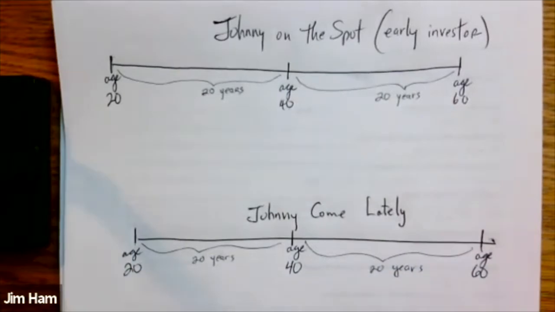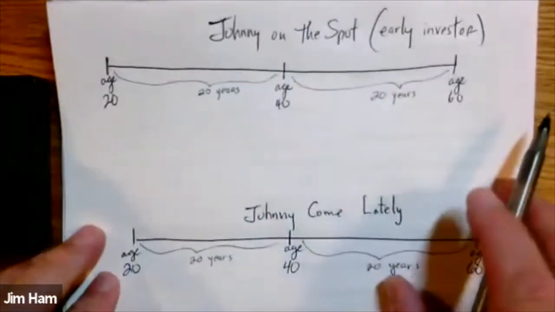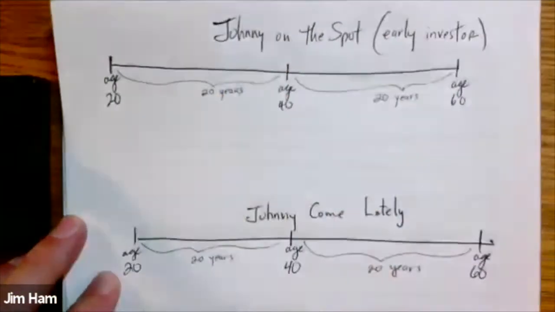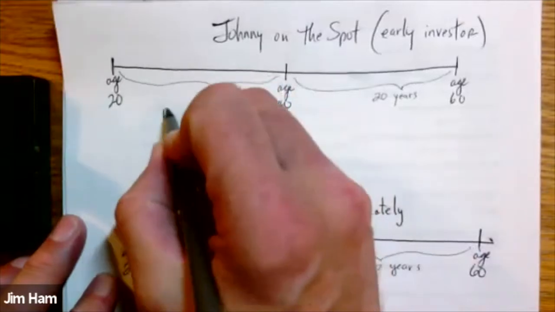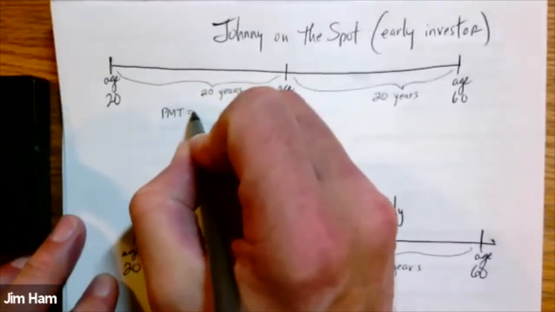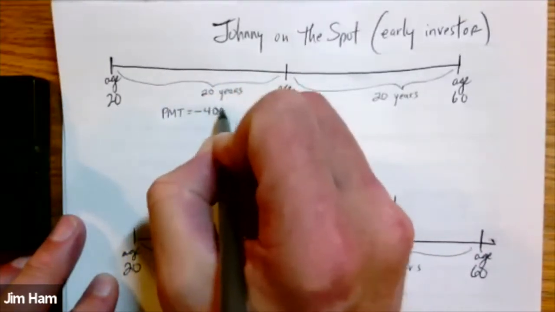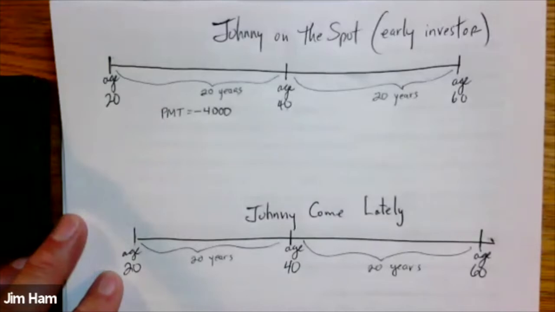I'm drawing this timeline so that you can realize that in some cases we have to use two rounds of the TVM solver. Let's start with Johnny on the spot. Over that first 20 years, he invests a payment of $4,000 every year.